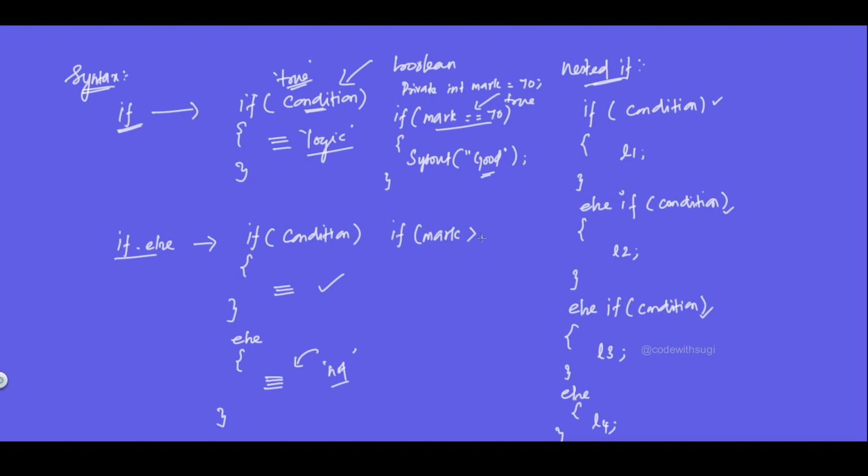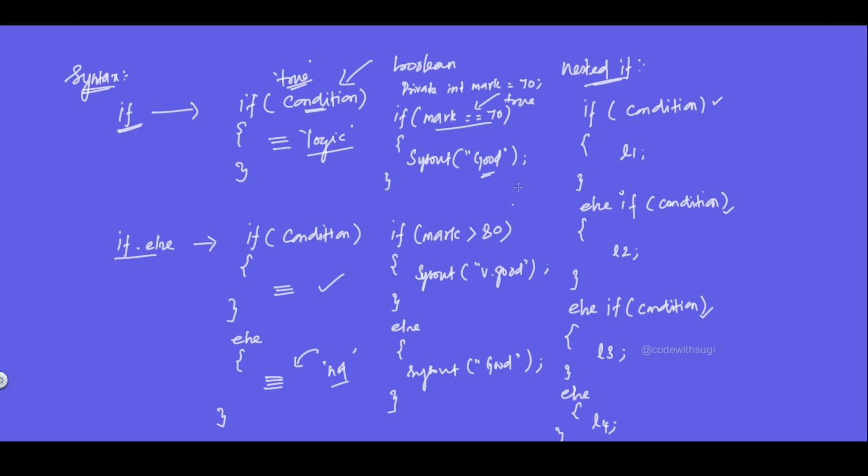So here I'm going to say if the mark greater than 80, then we're going to say very good, else we're going to say sysout good. If you take the same example, mark 70, then it will come here. First it will evaluate this condition. Is mark greater than 80?